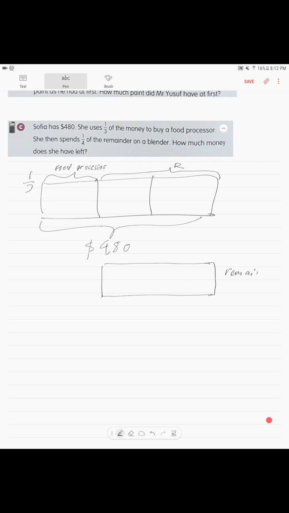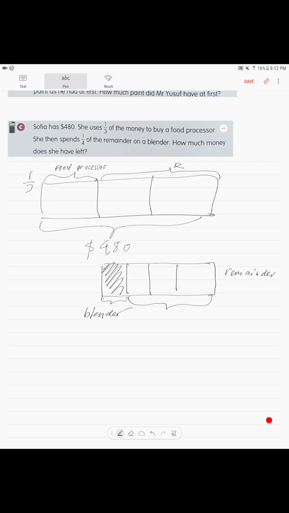We are talking about our remainder, right? So she spends 1/4 of it on the blender. So we just divide everything into 4 parts, right? And this is 1 part. This is the blender. How much money does she have left? We need to find this, right?